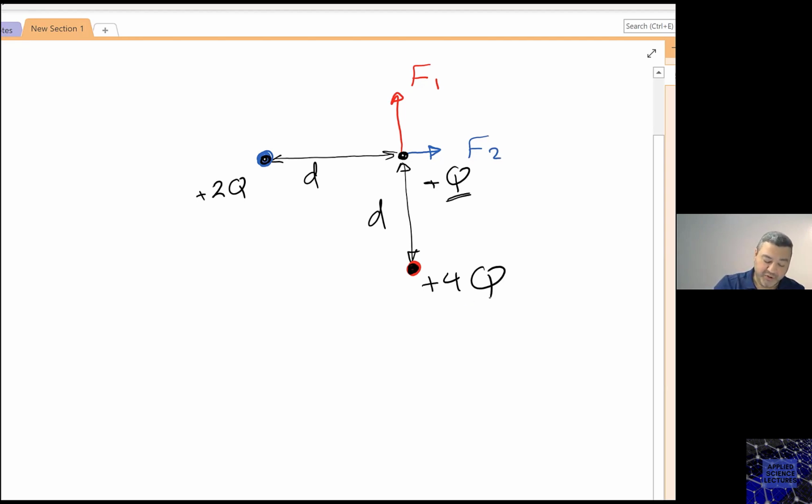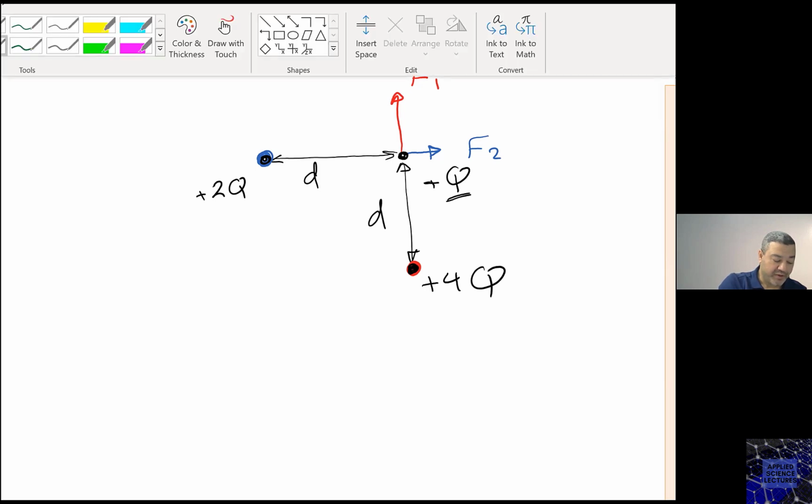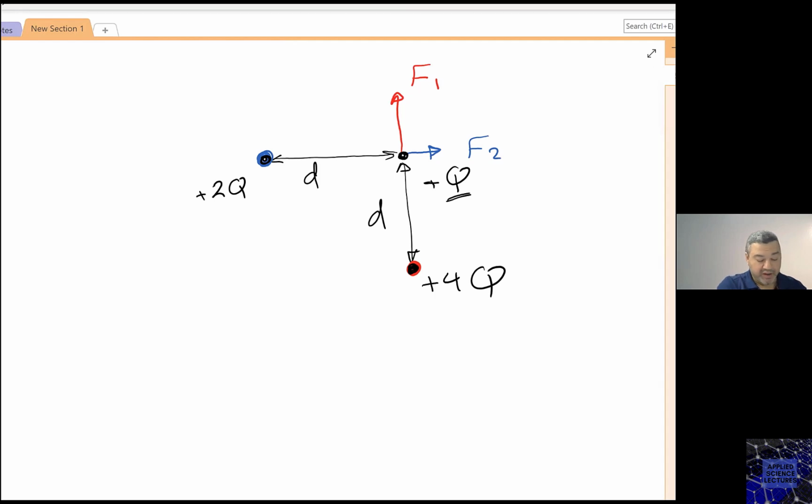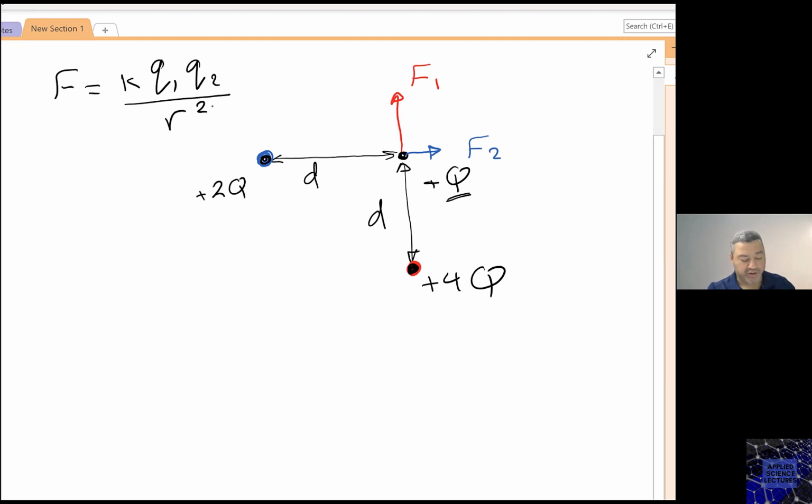Now notice that this charge is 4Q, twice the charge of the plus 2Q. So if I am to write the magnitude of the force, F equals K, Q1 magnitude, Q2 magnitude divided by R squared.